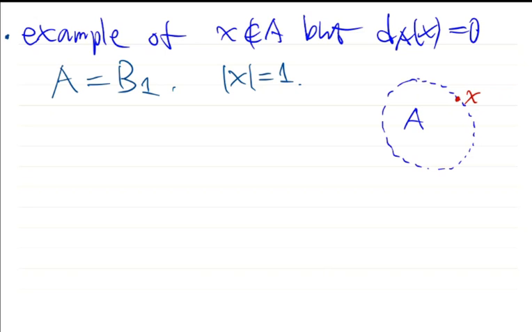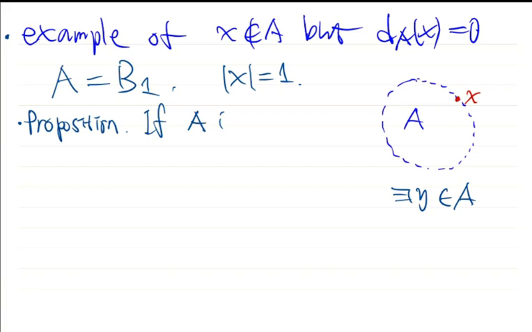And another important result I want you to know is that if A is closed, as I said before, it does not necessarily hold that there exists a point y in A such that the distance from x to y is dAx.